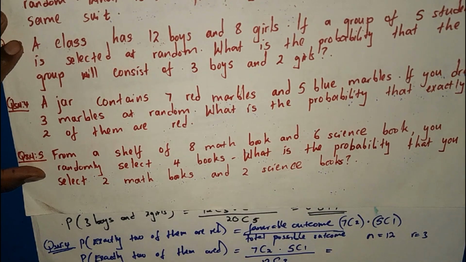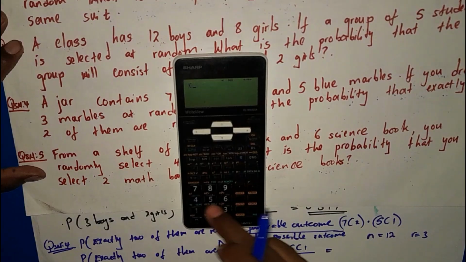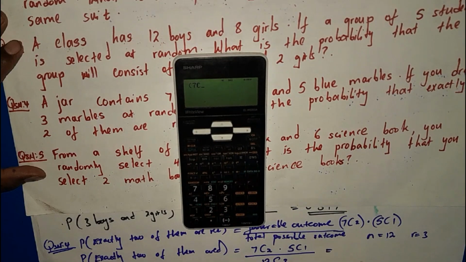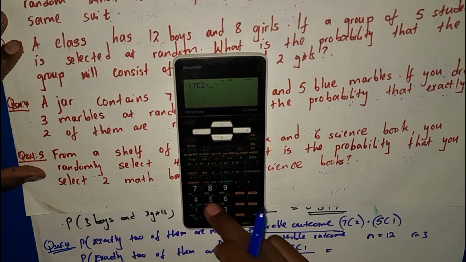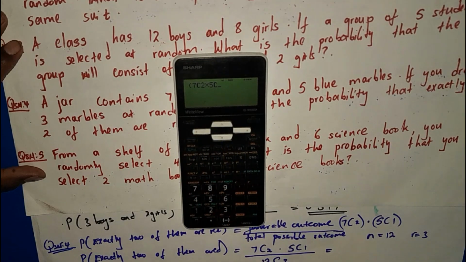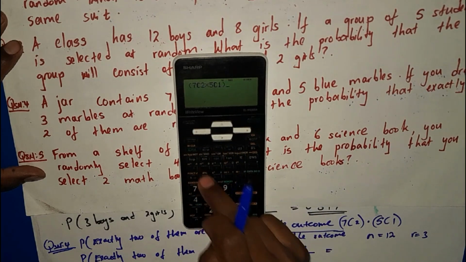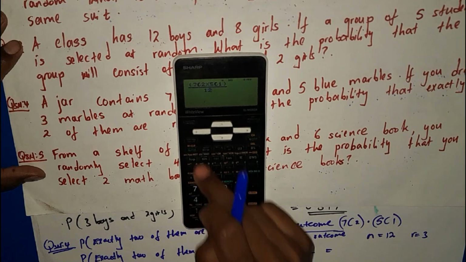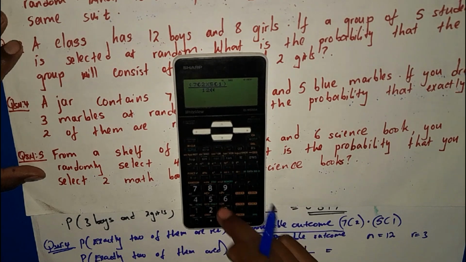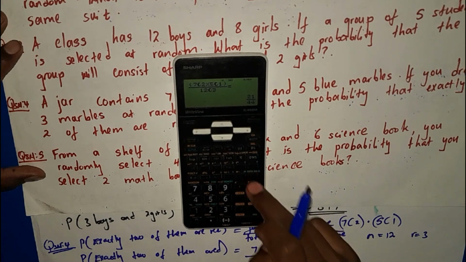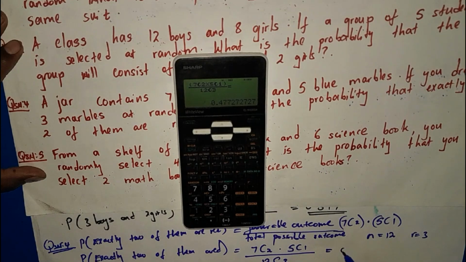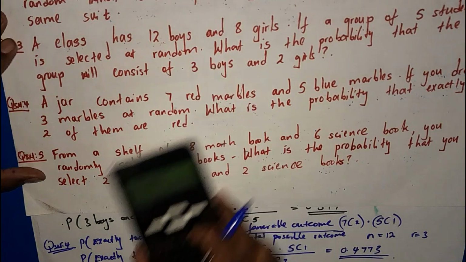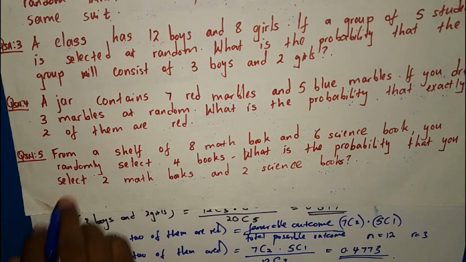So you press 7, second function, choose 2, multiply by 5, second function, choose 1, then close the bracket, all over 12 choose 3. This is equal to 0.4773. So that's the probability for number 4.